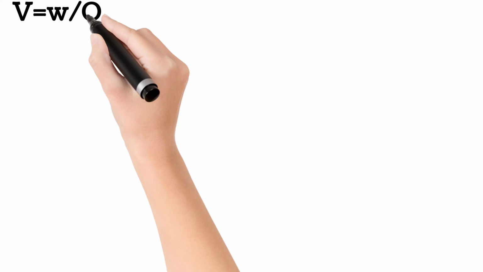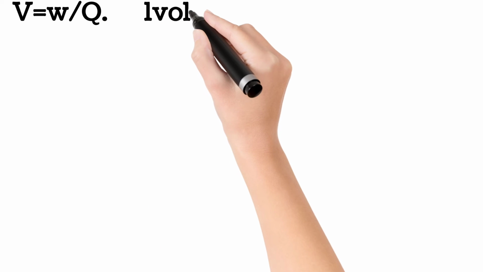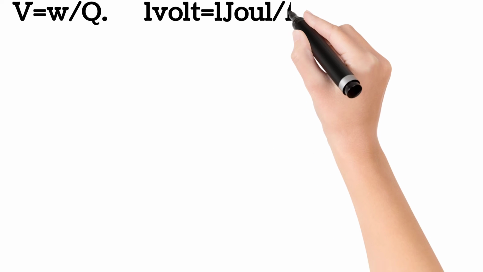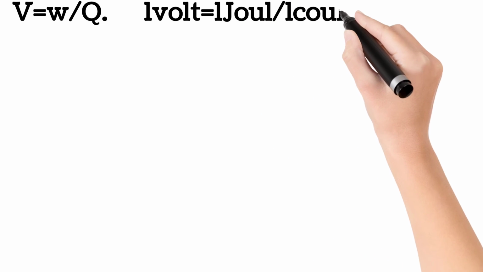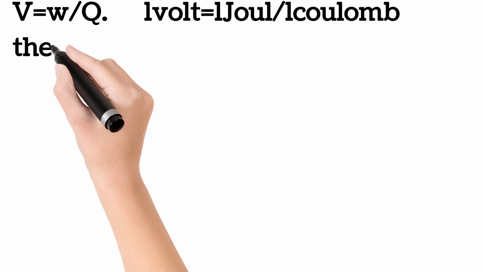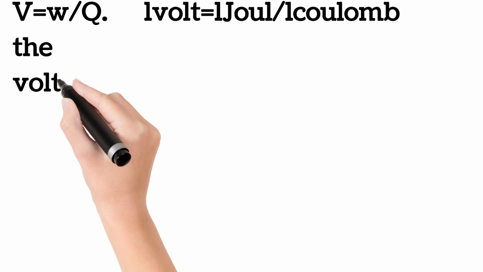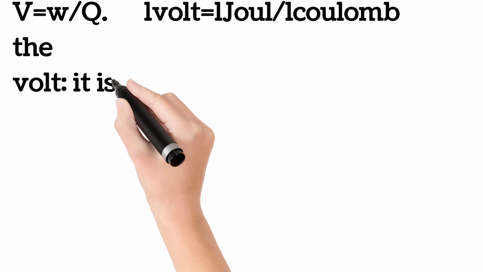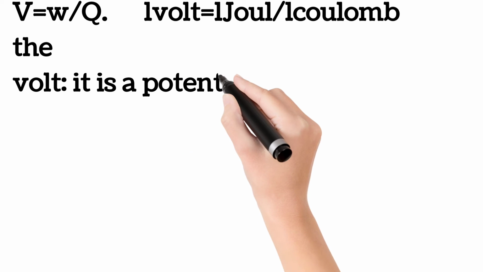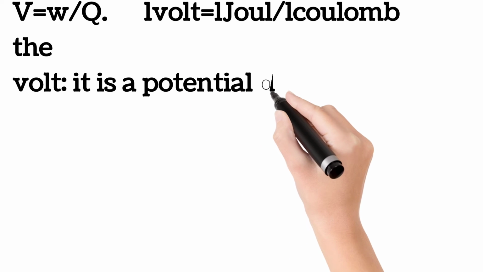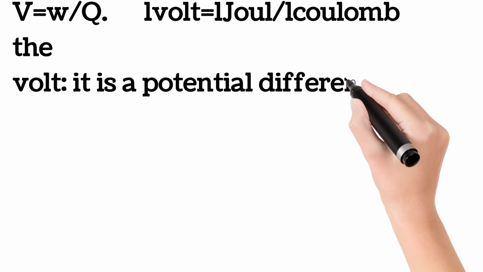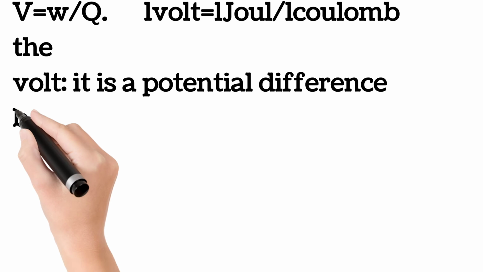For that, we denote the electric potential difference by capital V. We can define it by the relation V equals W over Q, where W is work done and measured in joule, denoted by capital J. Q is the quantity of charge and measured in coulomb, denoted by capital C, as we know previously.